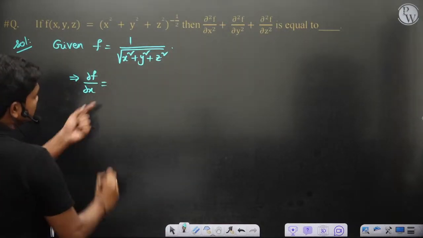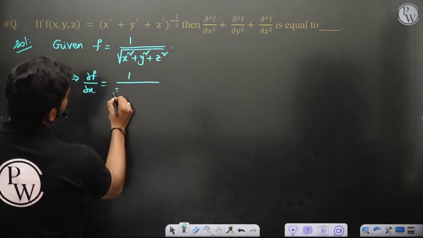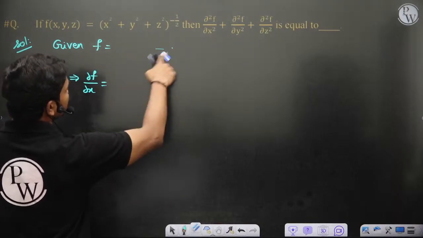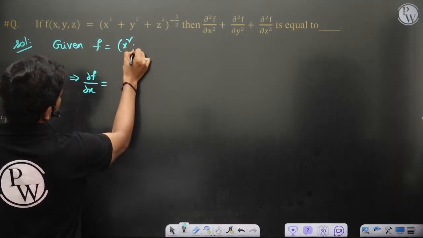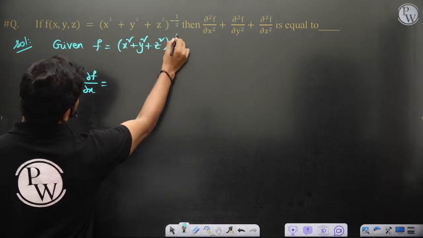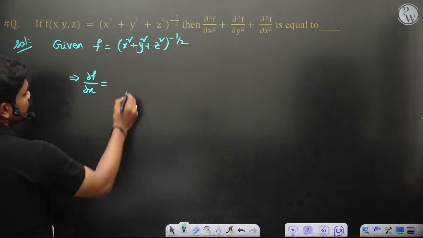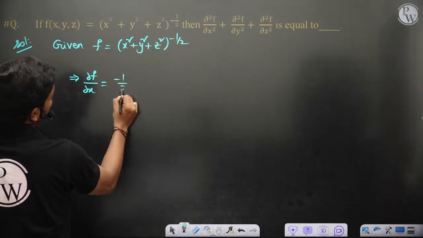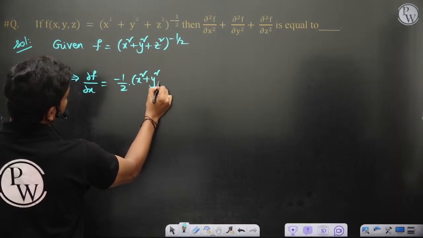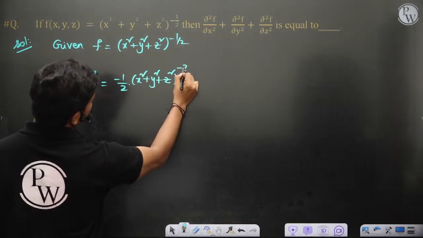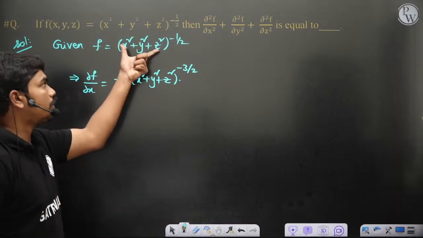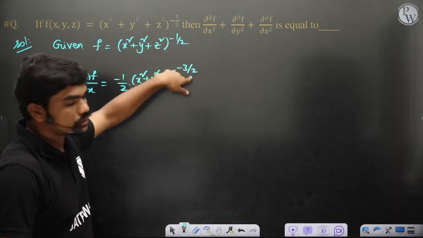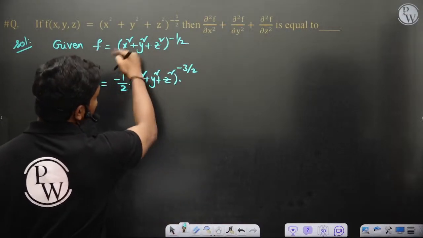If you differentiate this function with respect to x, differentiating partially, you have x square plus y square plus z square whole power minus 1 by 2, so n into function power n minus 1: minus 1 by 2 into x square plus y square plus z square whole power minus 3 by 2, into the inner derivative of this function, which is 2x.